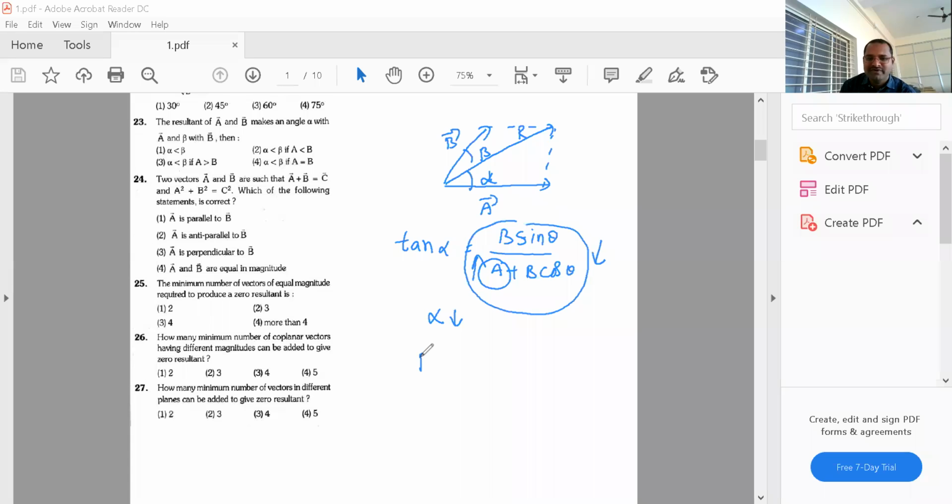Means when A value is more, alpha value will be less. Then the condition is what? A value more means greater than B. That implies alpha less means definitely beta will be more. That's it. Alpha value is decreasing means beta value increases. Yeah. That is the reason. So option 3 is the right answer.